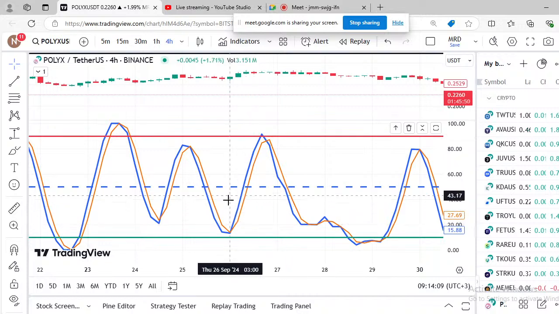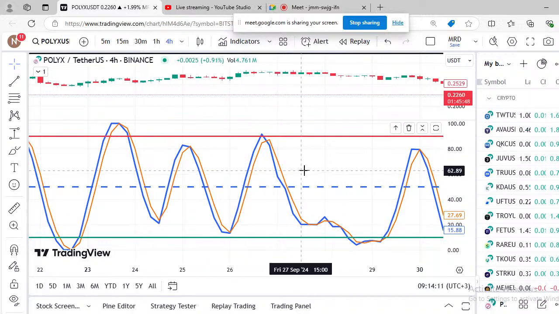The orange one will always confirm. The orange one is for confirmation. Hope I'm clear to you. The blue will first detect where the market is going. Then the orange will confirm that automatically we are moving in this direction.